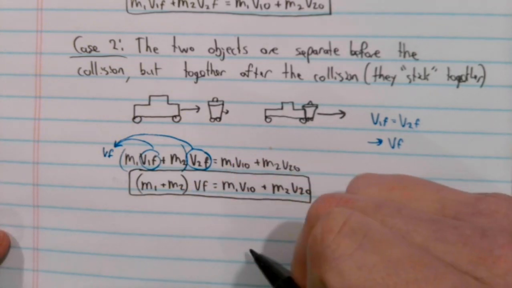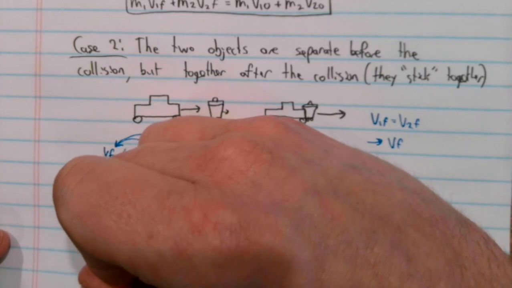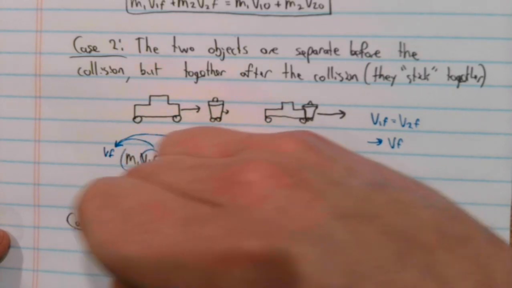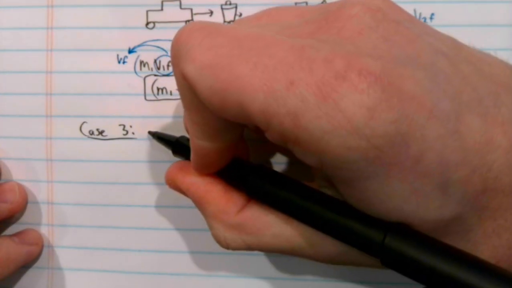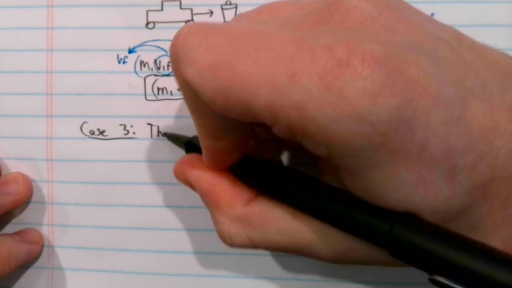Last case we're going to look at is sort of the opposite of case 2. So case 3 is two objects that begin together, but they separate due to an internal force. Here it is.